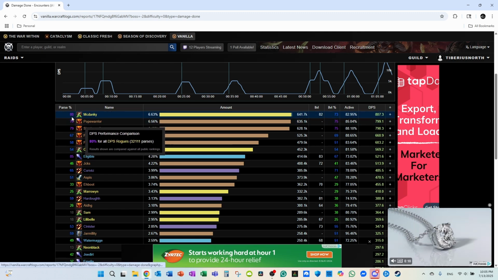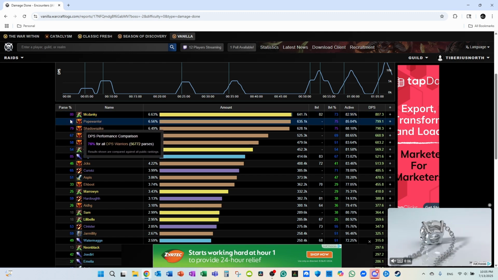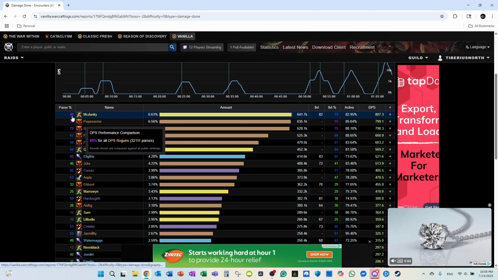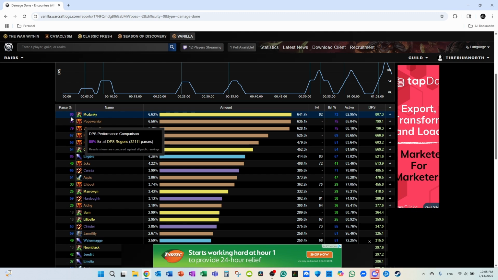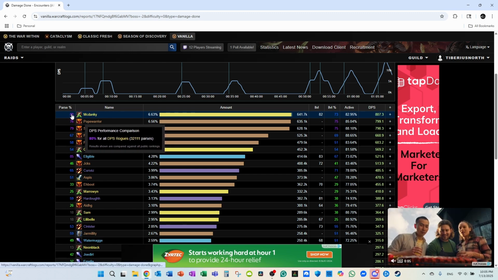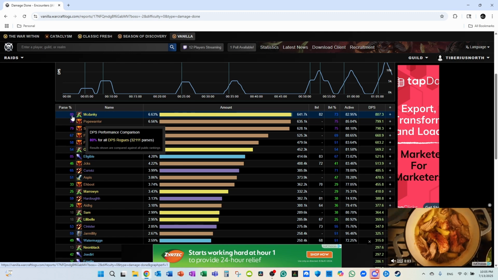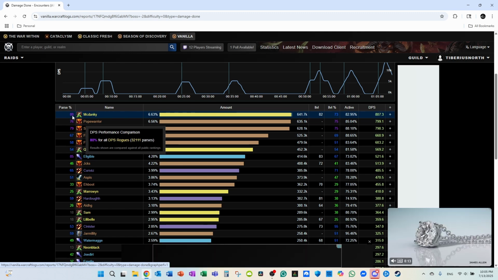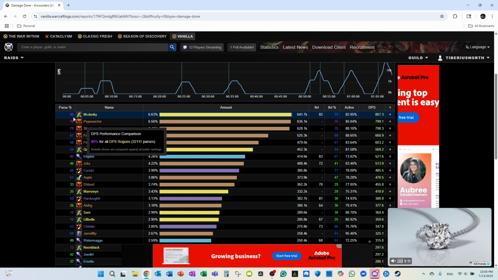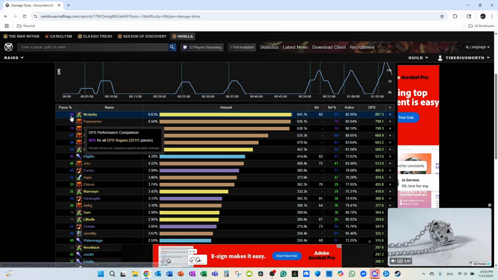So obviously, if you're doing damage or healing, you want your parse to be as high as possible and as close as possible to 100%. If you have a 100% parse, that means you're in the top percentile.